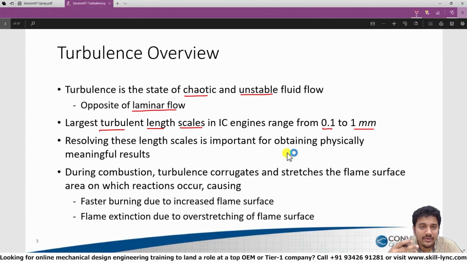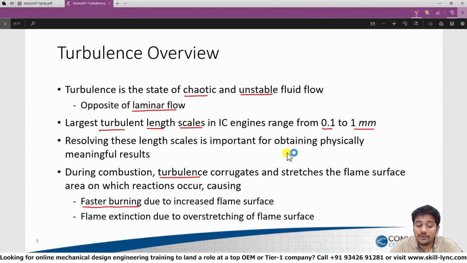So what does physically meaningful results even mean? For example, let us say a combustion occurs. Say that it's a pre-mixed case and you have a spark plug as your ignition source. What happens during combustion is that your turbulence corrugates and stretches the flame surface area. And because of this, you get faster burning.